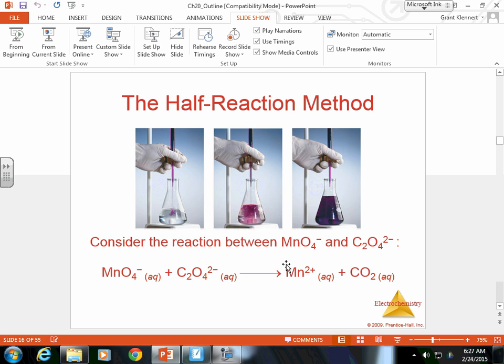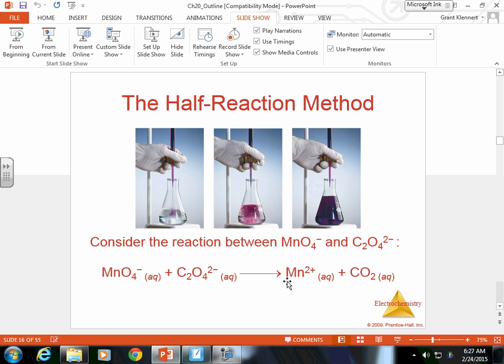So what the heck does this process look like? Well, let's go through this process step by step that we just got done talking about. We have a reaction between permanganate, MnO4 minus, and C2O4 minus 2. Here's our reaction. We have MnO4 minus plus C2O4 minus 2.